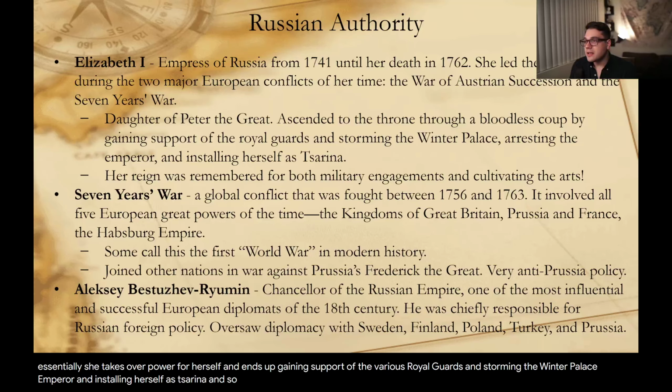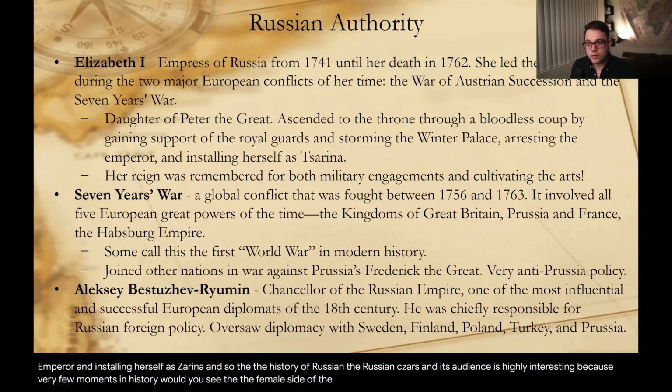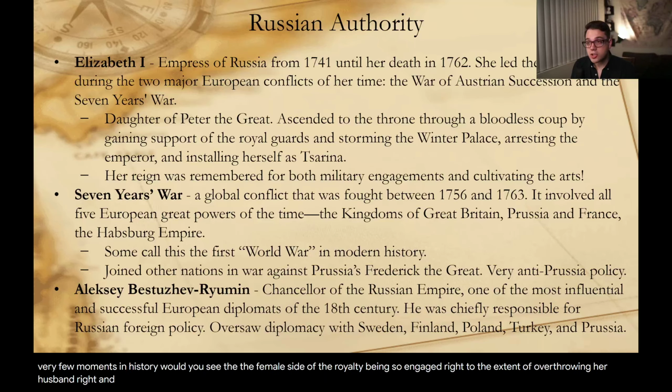The history of the Russian tsars and the tsarinas is highly interesting because in very few moments in history would you see the female side of the royalty being so engaged, right, to the extent of overthrowing her husband and installing herself as the true empress of the entire people, right? Russia definitely has an interesting history there.